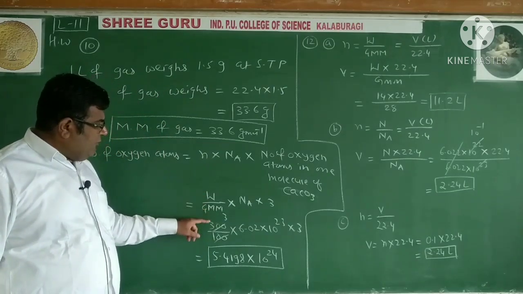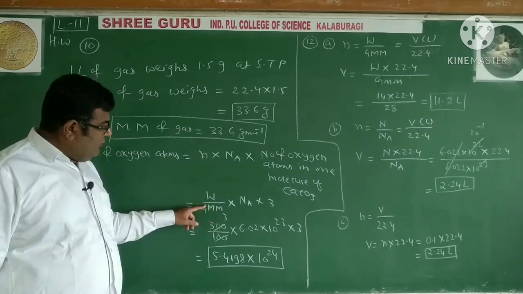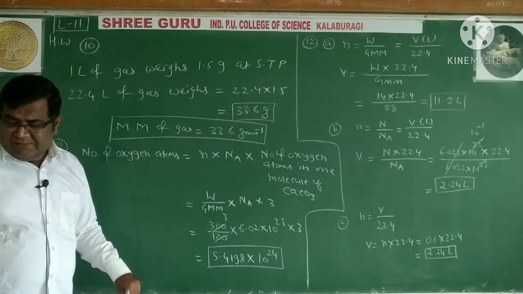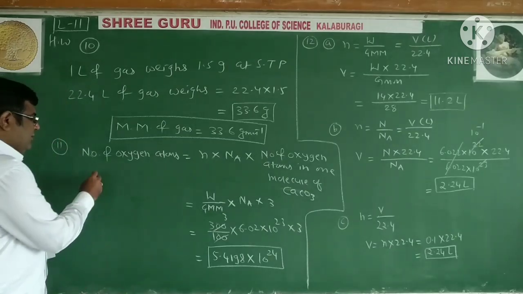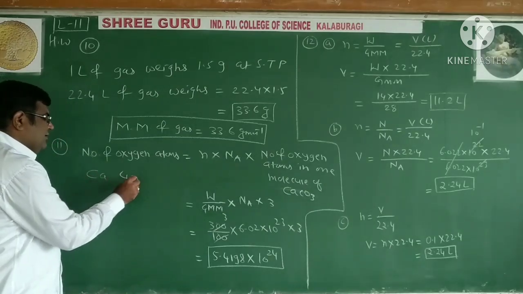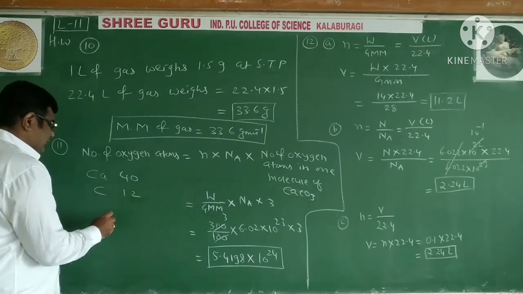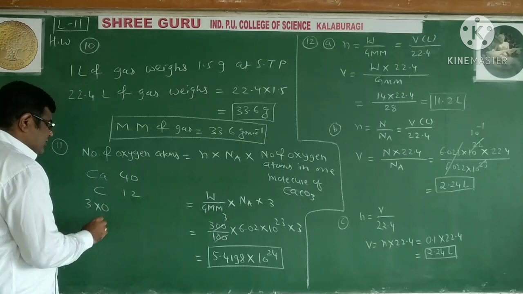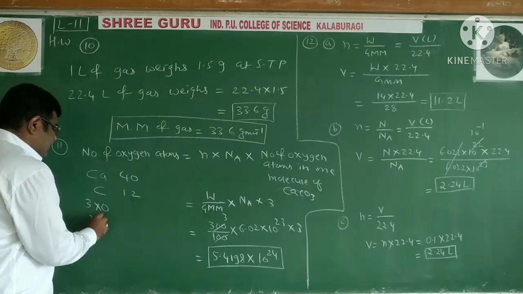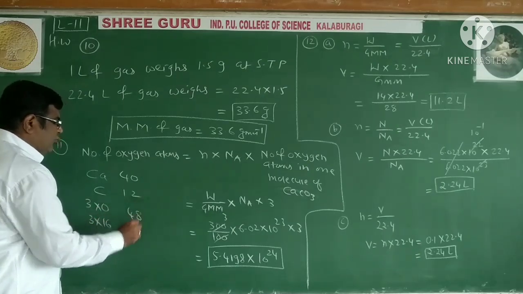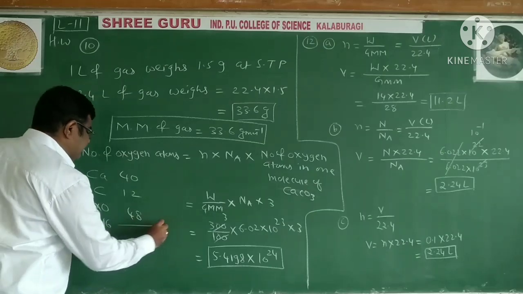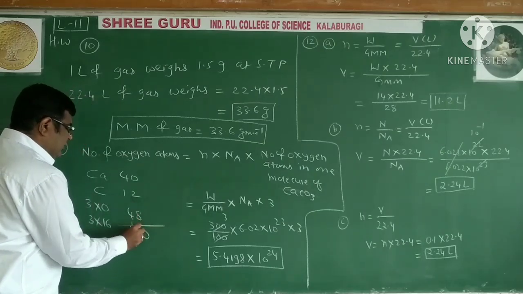So this weight equals 300 gram, given. The gram molecular mass is 100 because calcium has atomic mass 40, carbon has 12, and there are 3 oxygens, which means 3 into 16, equal to 48, and that totals 100.